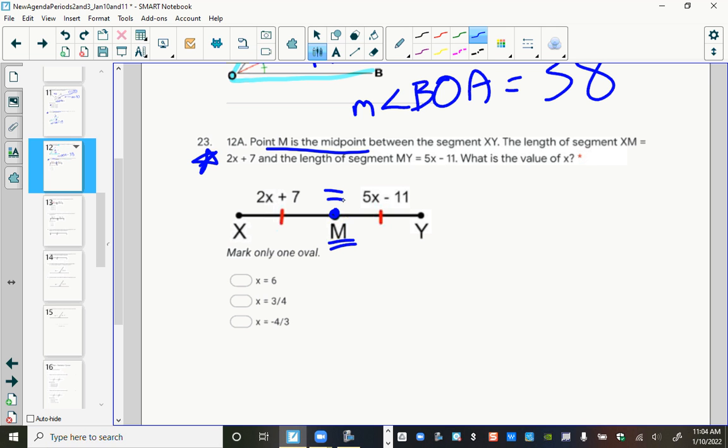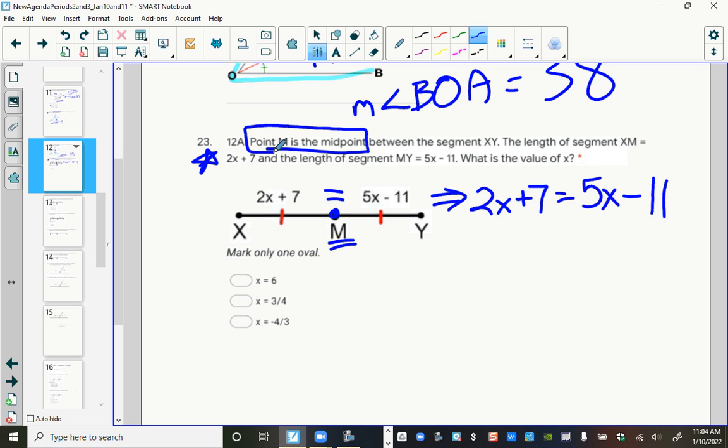It splits your segment into 2 equal smaller sides. Midpoint splits into the middle. That's the clue. When M is the midpoint, boom, you see midpoint, bang, split it right up.